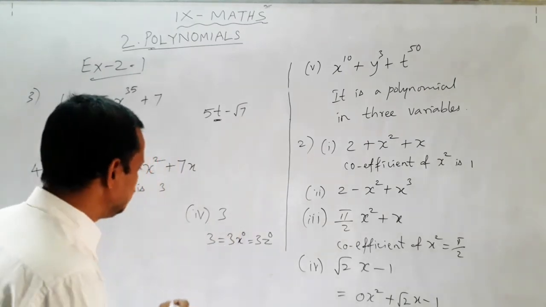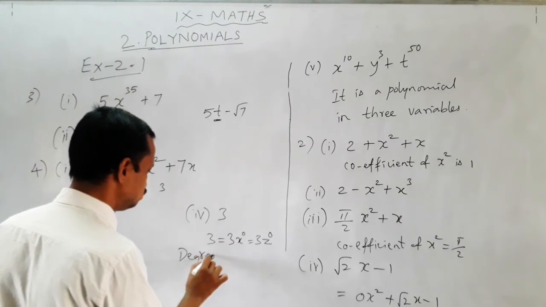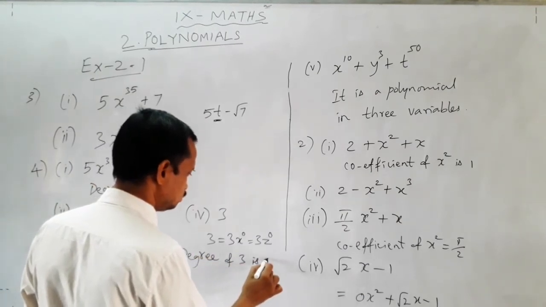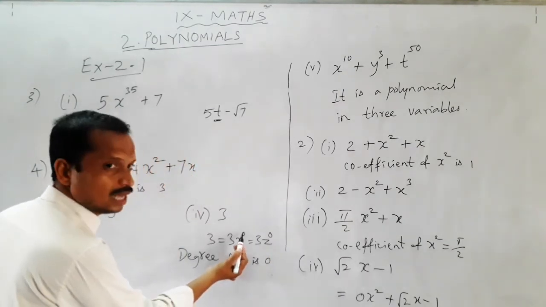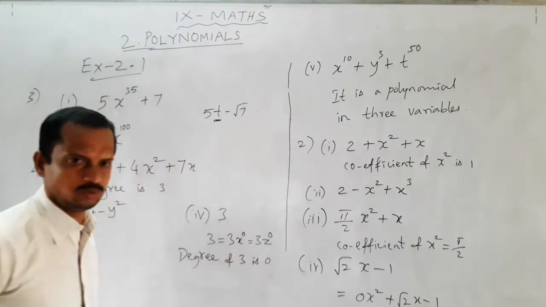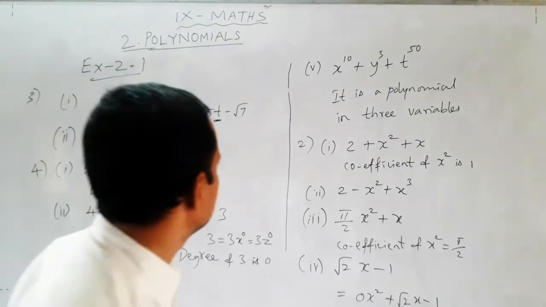So you can write, degree of 3 is 0, because the variable possesses the power 0. So you have to write degree of 3 is 0. That's all.